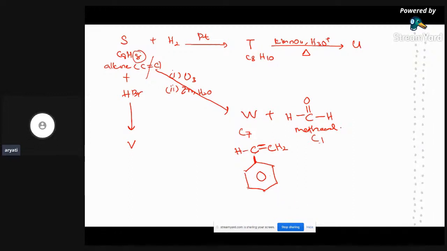Okay, tapi sebab kita tahu kalau ozonolysis of alkene dia mesti akan menghasilkan aldehyde ataupun keton. So kat sini kalau C7 maksudnya dia lebih satu karbon.